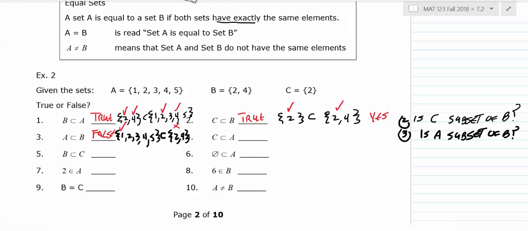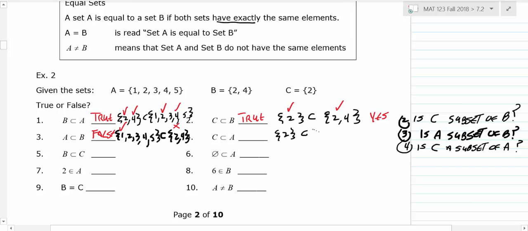Okay. Number 4 is saying, is C a subset of A? Okay. So what we're going to look at here is, let's look at C. C is 2.